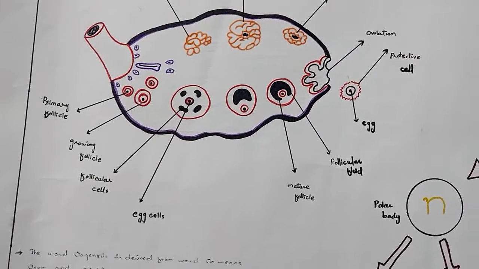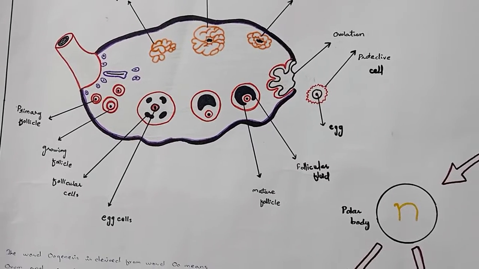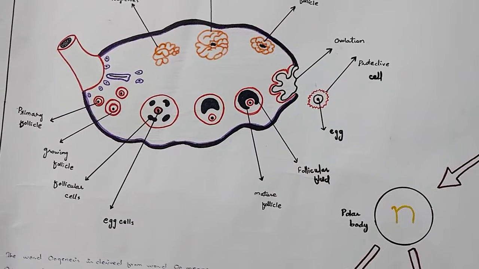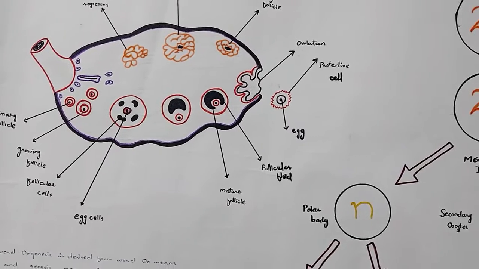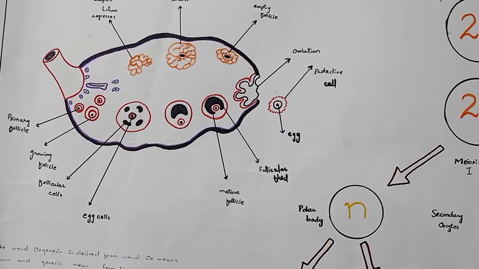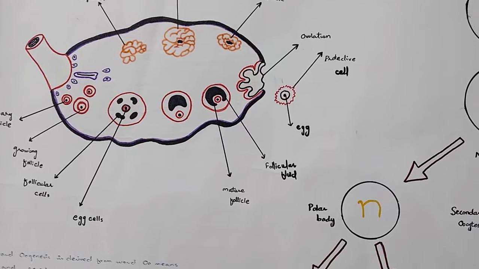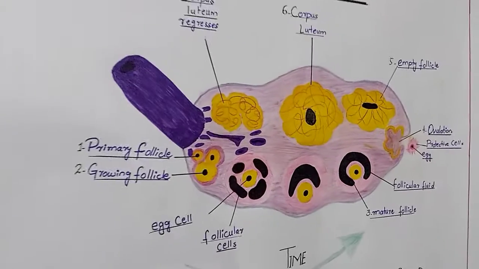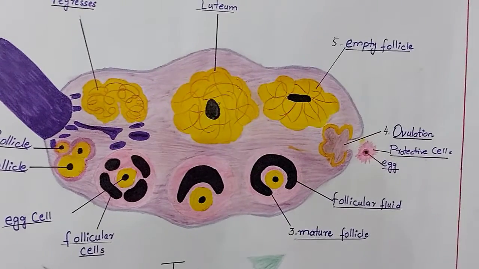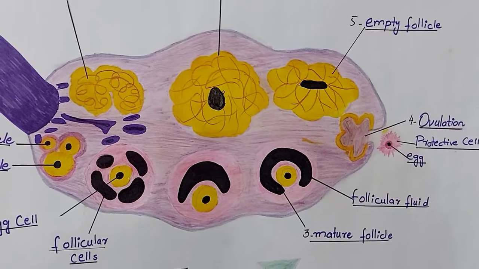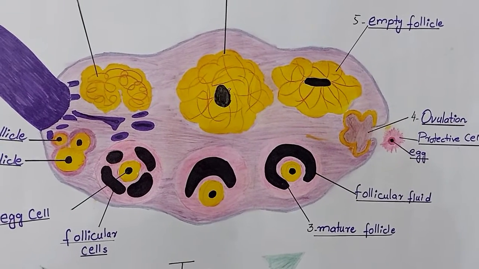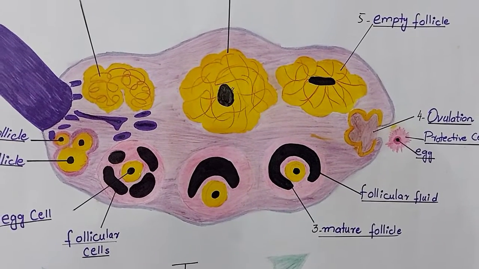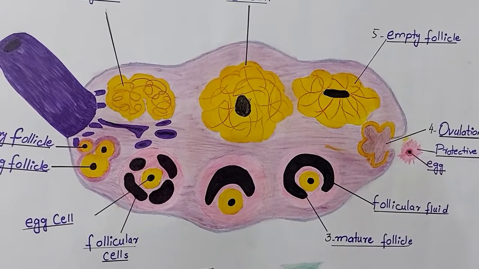Is it clear? And one thing I want to mention here is ovulation. Ovulation is the mechanism in which the egg is released from the ovary, means the egg is released from the follicle cells. I want to show you here. Here you can see this is the egg which is released from the follicle cells, and these follicle cells later on are converted into the corpus luteum.